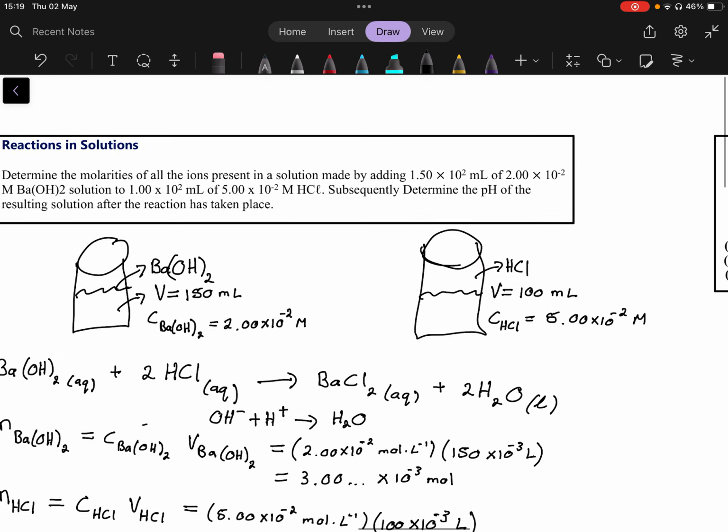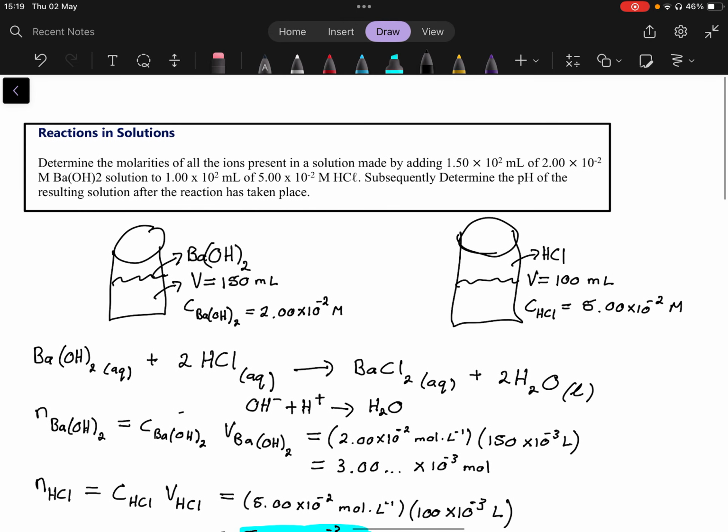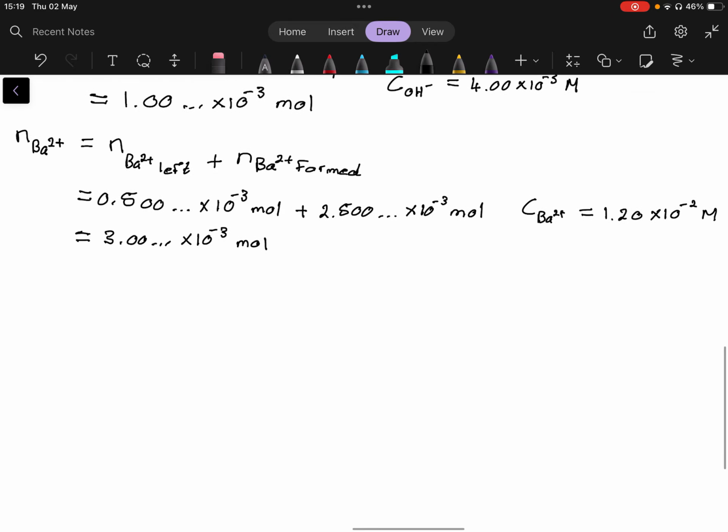But what are we actually asked? Or the next thing that we're asked? We're asked to determine the pH of the resulting solution after the reaction has taken place. So how do we calculate pH? Well, we normally say pH is equal to minus the log of the concentration of hydronium, right?